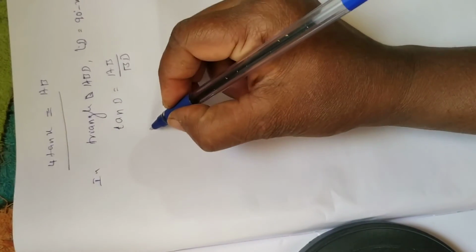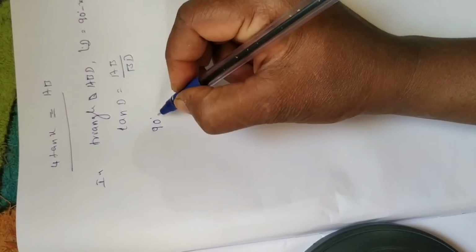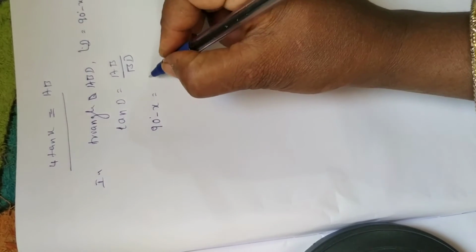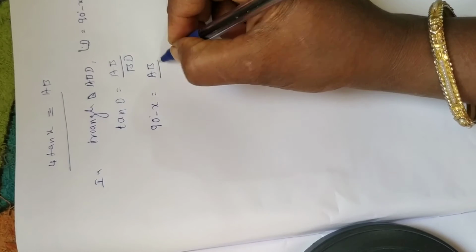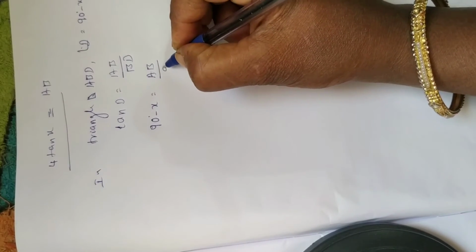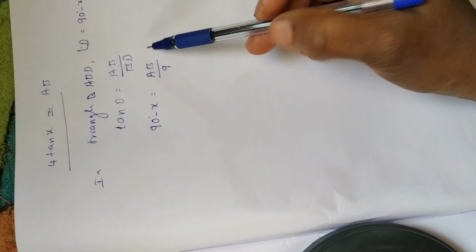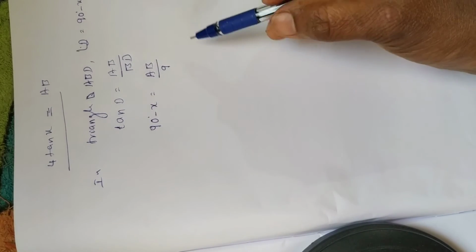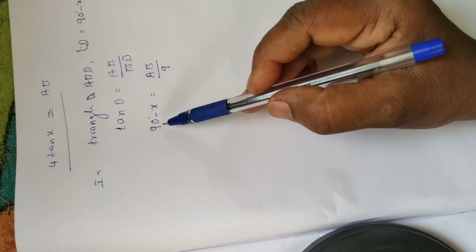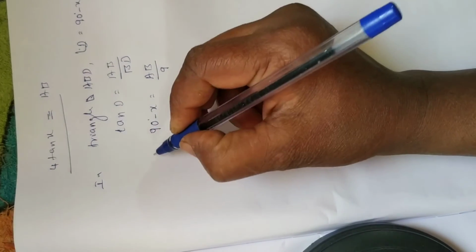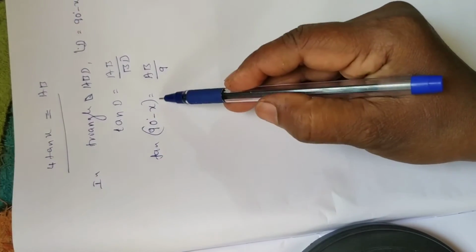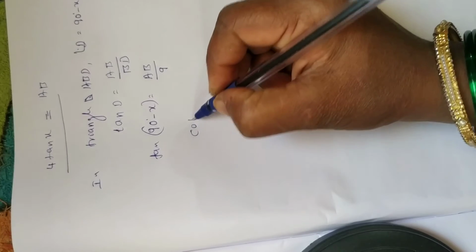So now substitute D as 90 minus x. Tan of 90 minus x is equal to AB, which is unknown, divided by BD, a distance. The distance between the point D and the tower is 9 meter. Tan 90 minus x is cot x.